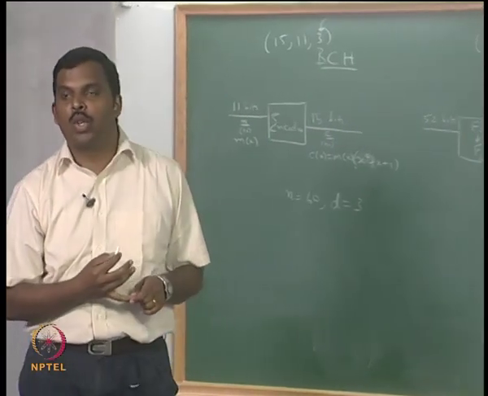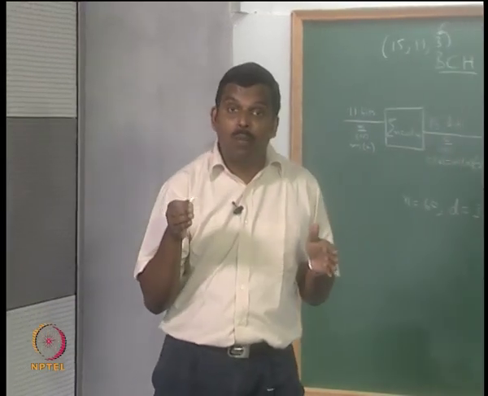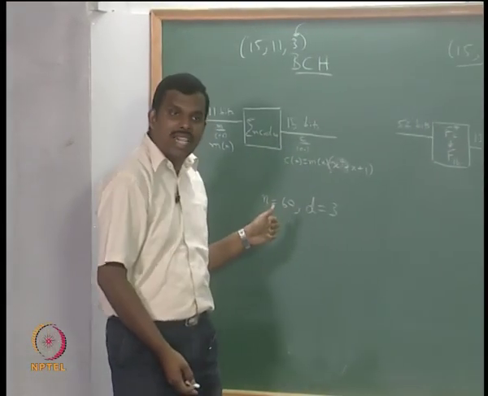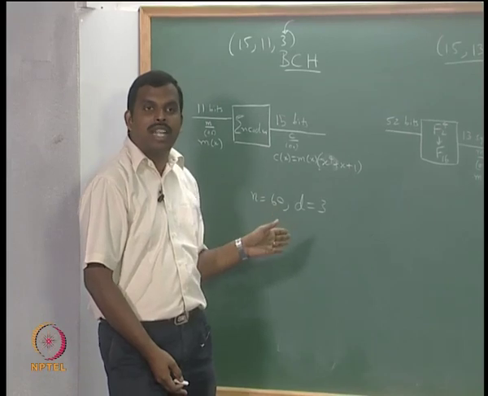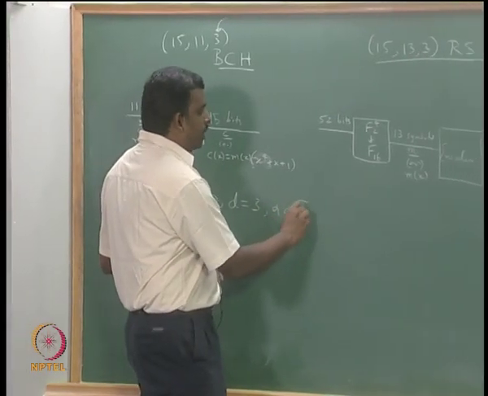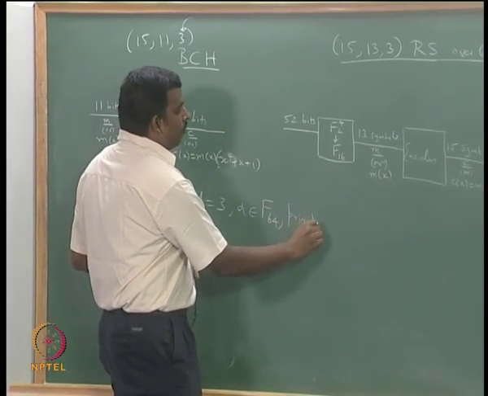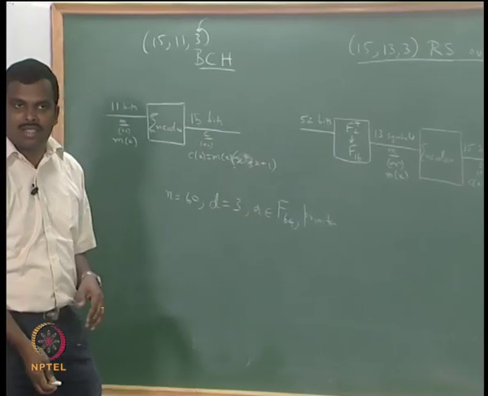How should you go about doing it? First step is to find an m such that 2 power m minus 1 is greater than 60. What would be that m? 6. So I can start with an alpha in F64 which is primitive and define my parity check matrix, etc.